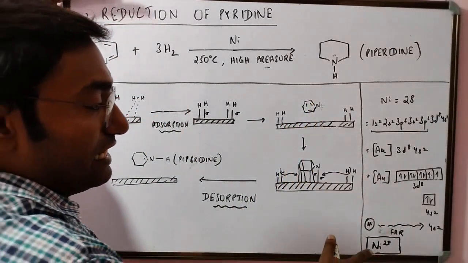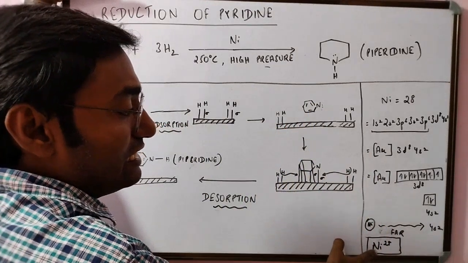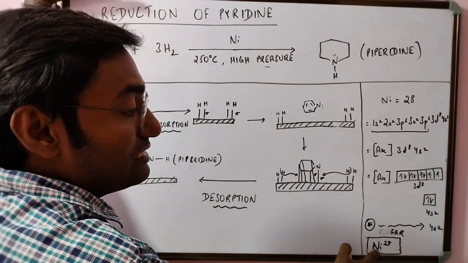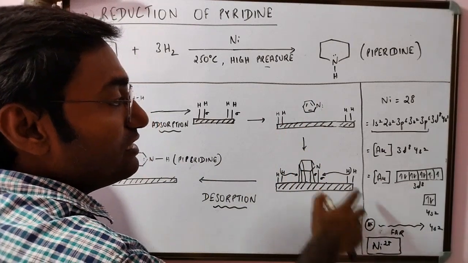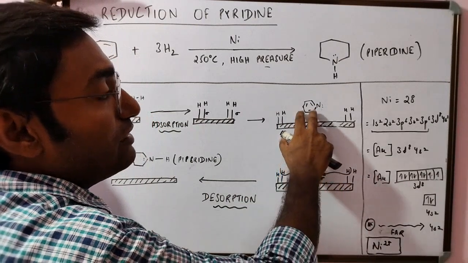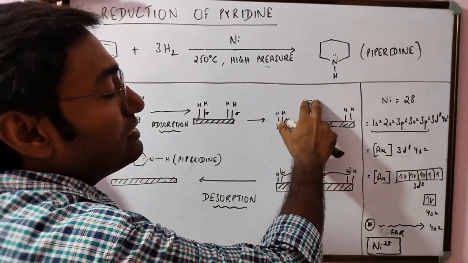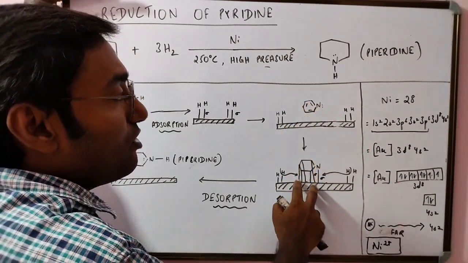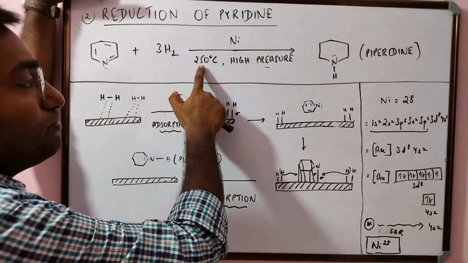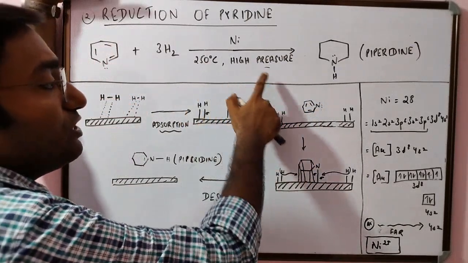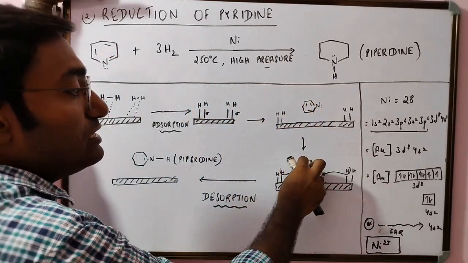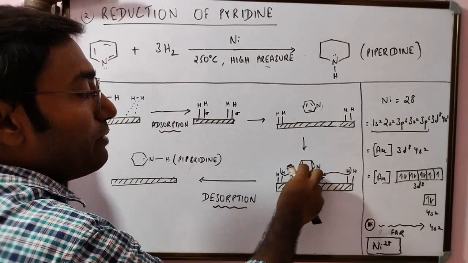For the reason that nickel exists in its oxidized state, that is, in its electron deficient state, the nickel would attract the pi bond that exists between each of the atoms in pyridine. Further, very high temperature and very high pressure would weaken the pi bond. The net effect of these two is breakage of the pi bond.